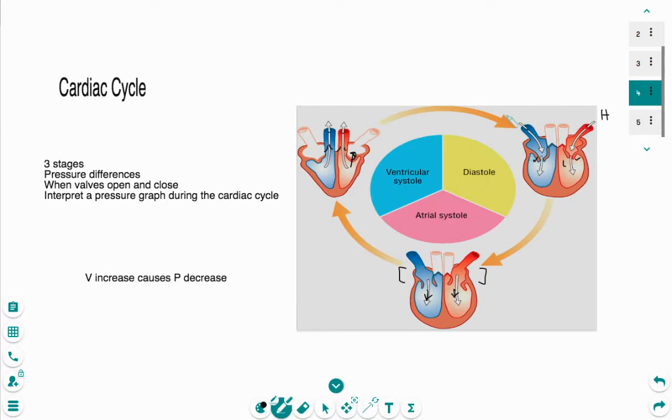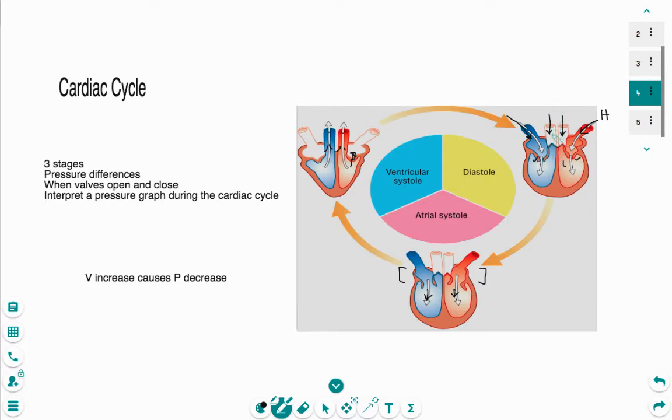So now blood pours back in, down the pressure gradient. And the blood that has just been pushed up here will naturally fall back down as well. The pressure in the pulmonary artery and the aorta will be greater than in the heart when it relaxes.